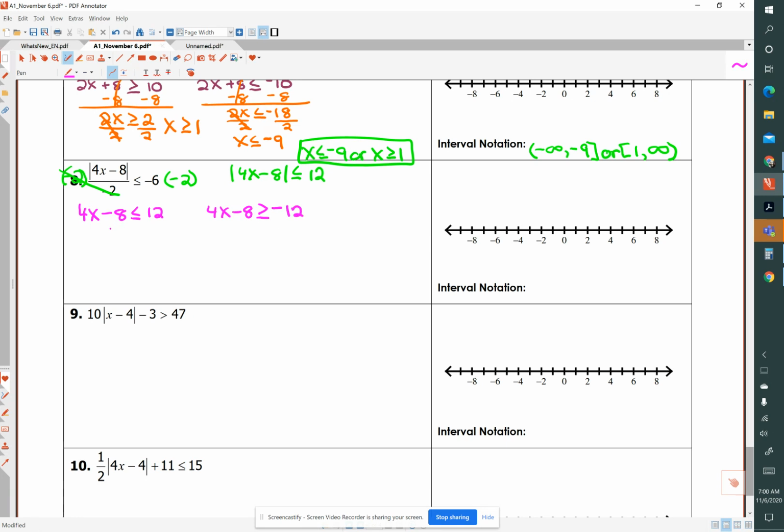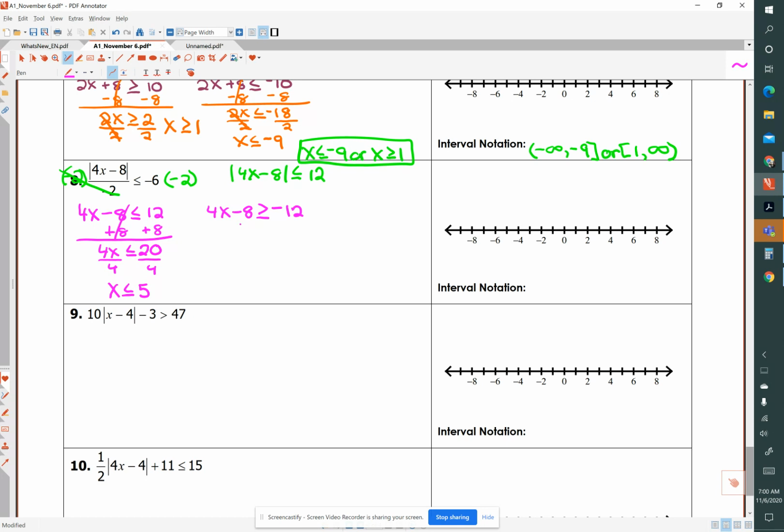On the left side inequality, we'll add 8 to both sides. 4x is less than or equal to 20. And we divide both sides by 4. And we haven't divided by a negative, so we don't need to flip any inequalities yet. x is less than or equal to 5.